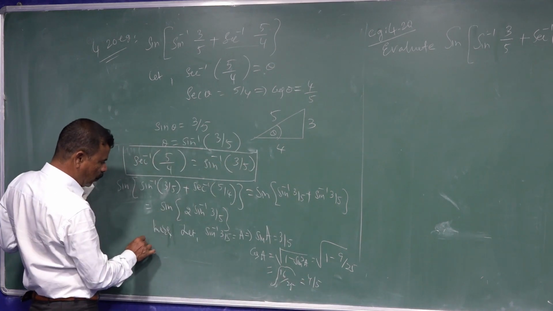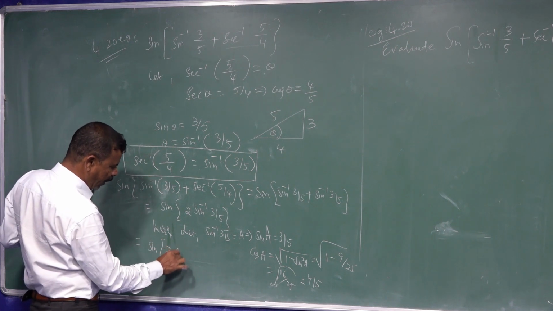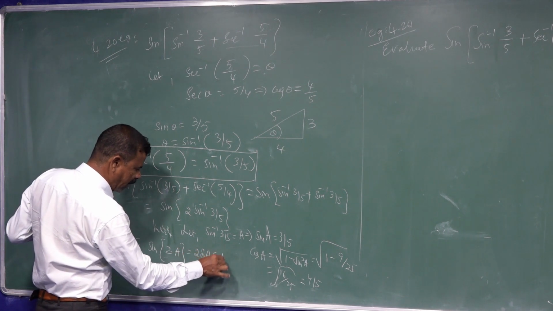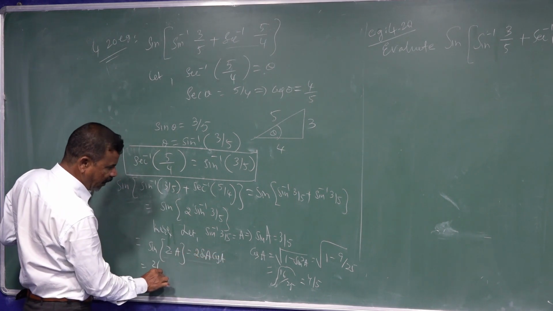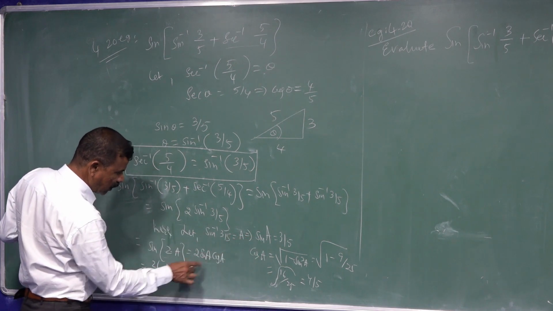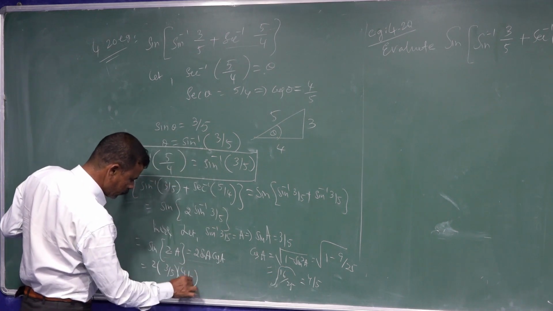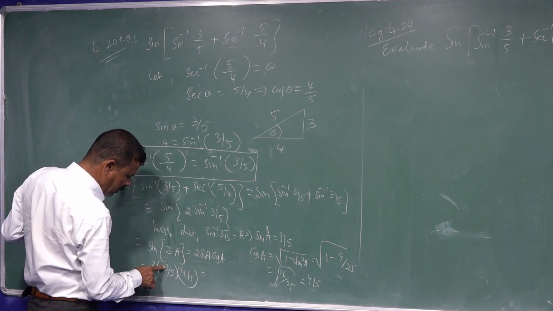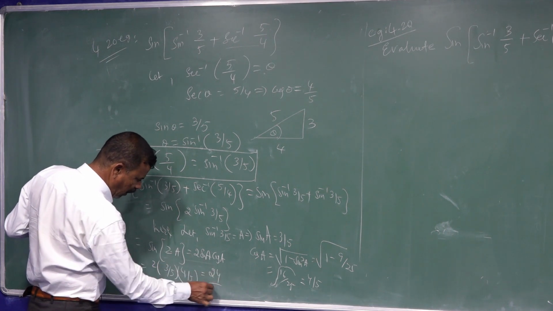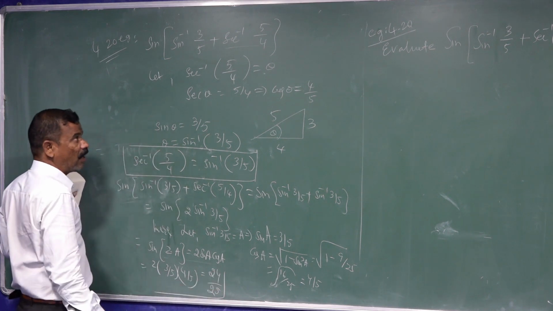So sin 2A is equal to 2 sin A cos A, 2 into 3 by 5 into 4 by 5, which is equal to 24 by 25. 24 by 25 is the answer.